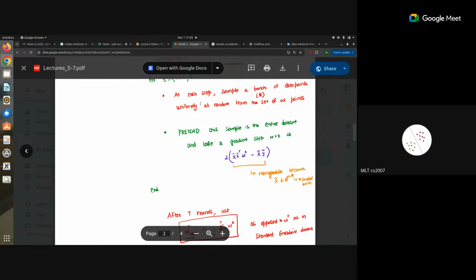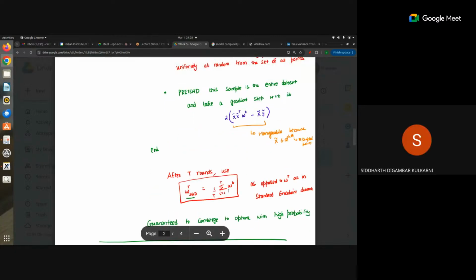After T rounds, what is this part coming here? The average of all the w's that we got in the T iterations. What have you done here? We are going in different directions, and we are hoping that after some T iterations, we are heading in the right direction by averaging all the w's.